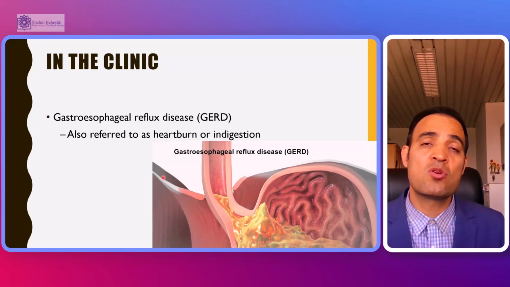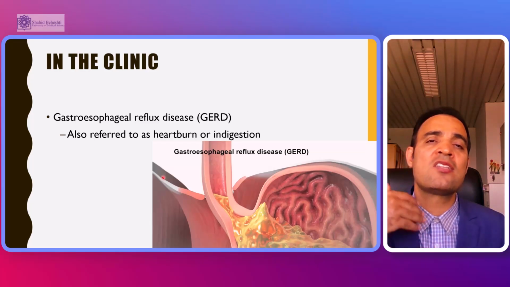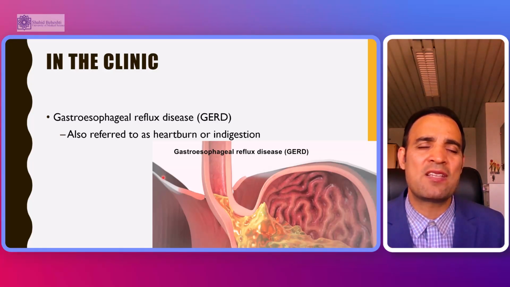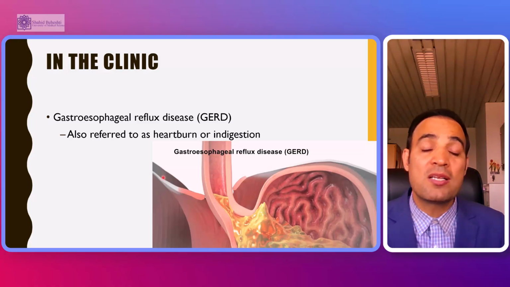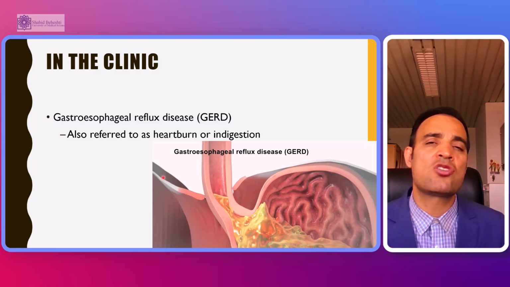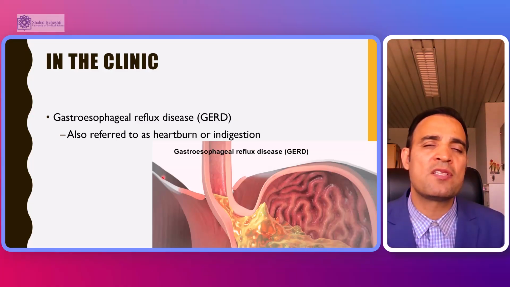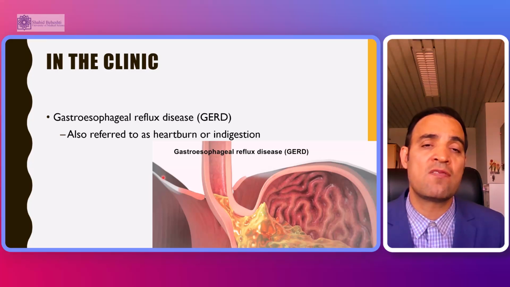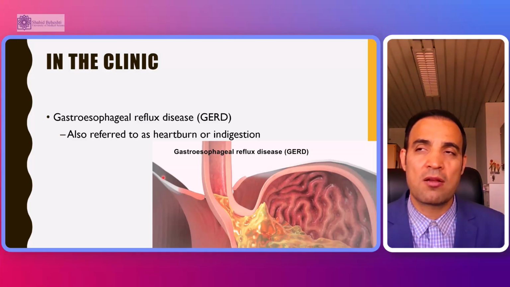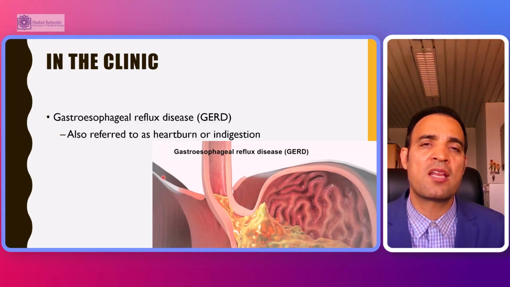And in a more severe situation, this content even can reach the mouth, and your patient is complaining about the pain and also the bitter taste that they have in their mouth because of the return of this acid into the mouth. This acid will injure the mucosa of the esophagus, and in severe situations even cause problems in everyday life.